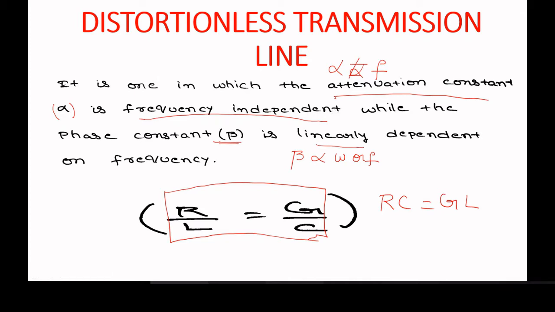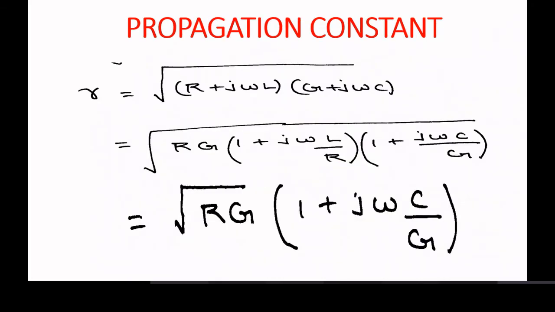We will look at the expression of the propagation constant. The propagation constant is given by the square root of (R plus j omega L) into (G plus j omega C). From the first term you take R common, and from the second term you take G common, multiplying and dividing.